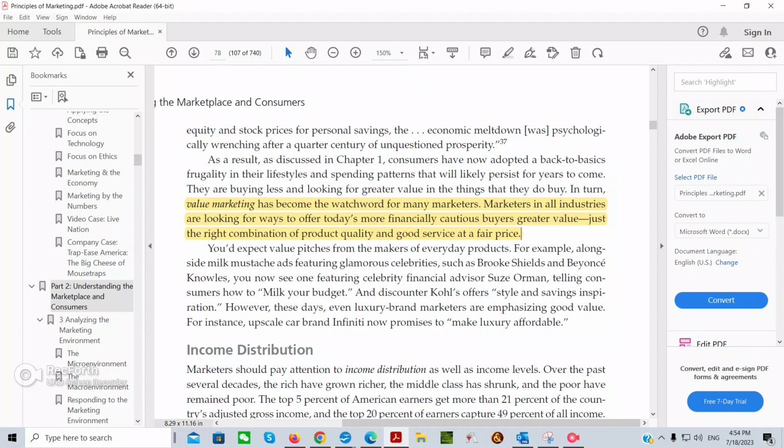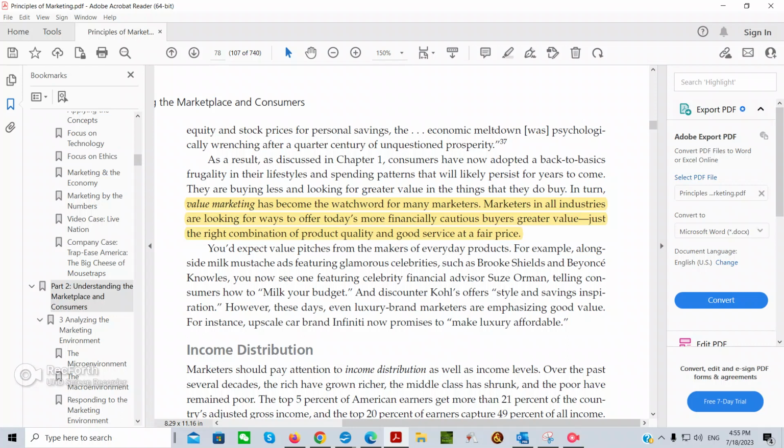So just because they have less to spend doesn't mean that you abandon them as a customer. You would expect value pitches from makers of everyday products. For example, alongside milk mustache ads featuring glamorous celebrities such as Brooke Shields and Beyonce Knowles, you'll see some featuring celebrity financial advisor Suze Orman telling consumers how to milk your budget.